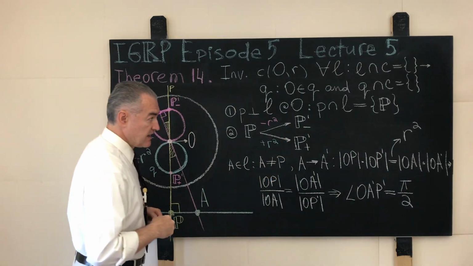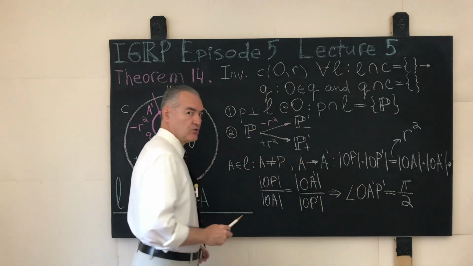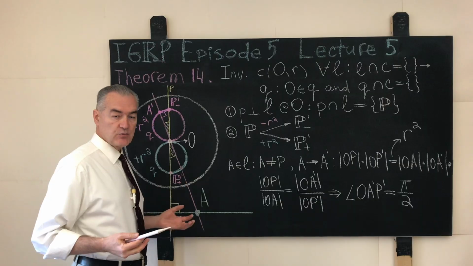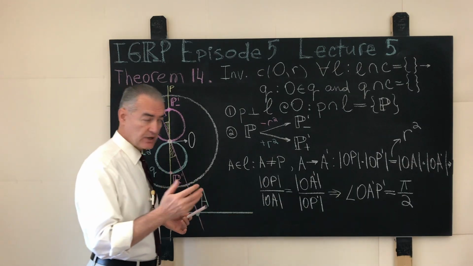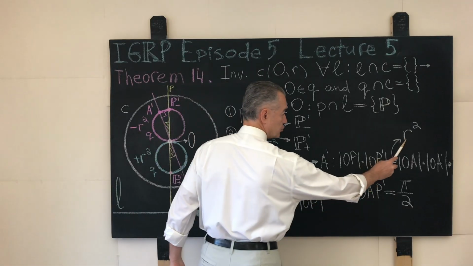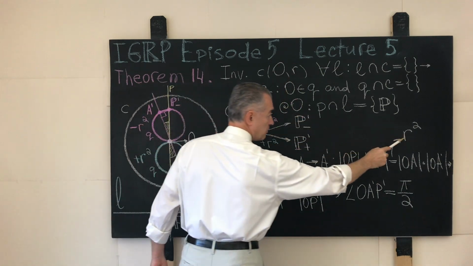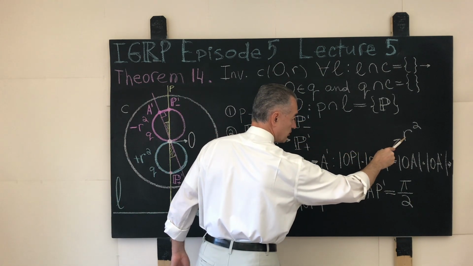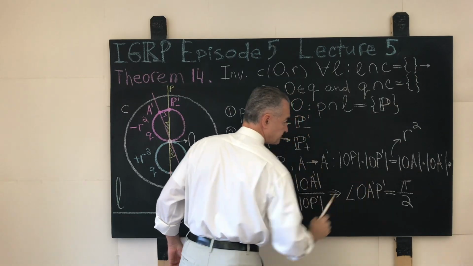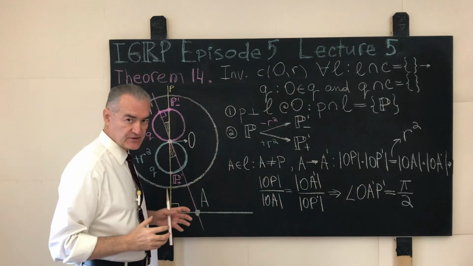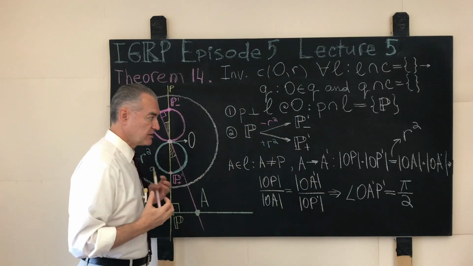Either way, the same relationship that ties together the distances of the pre-image and image points relative to the center of inversion will be the same. The product of these distances is equal to the square of the radius of inversion. But because this is one and the same real number, either way, we can equate these two products. And now we carve the factors in that product in a way that favors us tactically. And how do we do that?